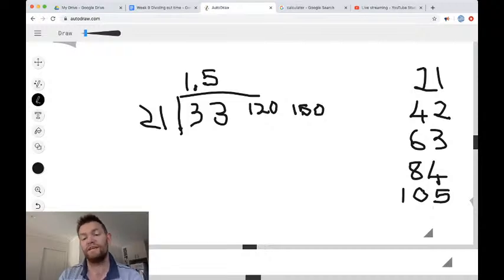So now I've just realized I need to take my 21 times tables at least up to 150. Bit of a bummer, but that's okay. So now I'm just going to add 126. And 147.